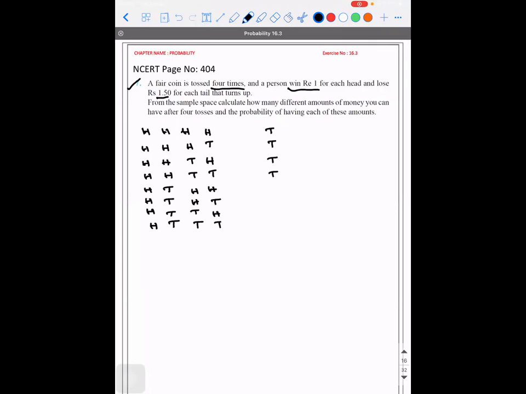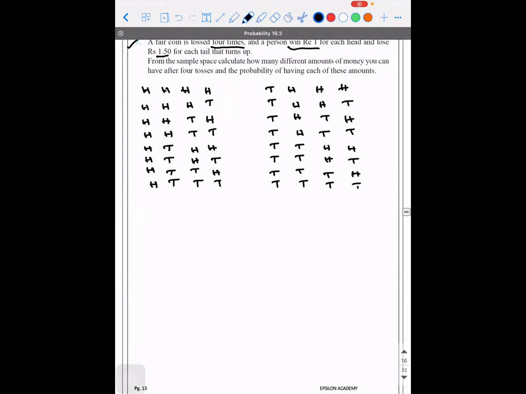Tail, tail, tail, tail, tail, tail, tail, tail, 8. Head, head, head, head, tail, tail, tail, tail, head, head, tail, tail, head, head, tail, tail, head, tail, head, tail, head, tail, head, tail. Okay, so what are all the possibilities?